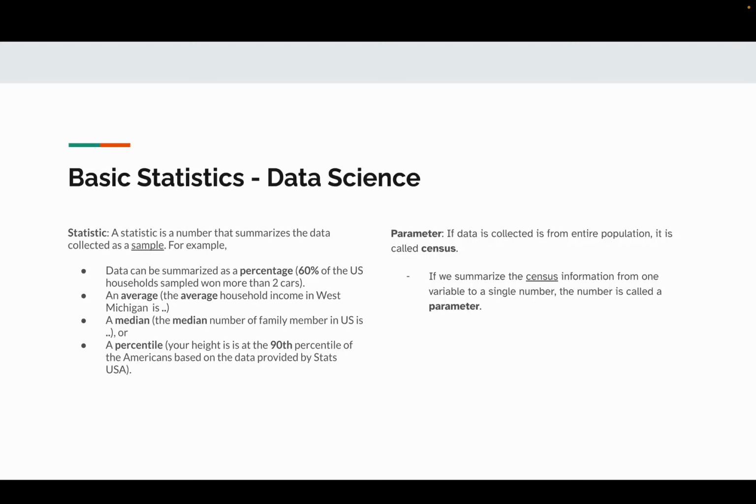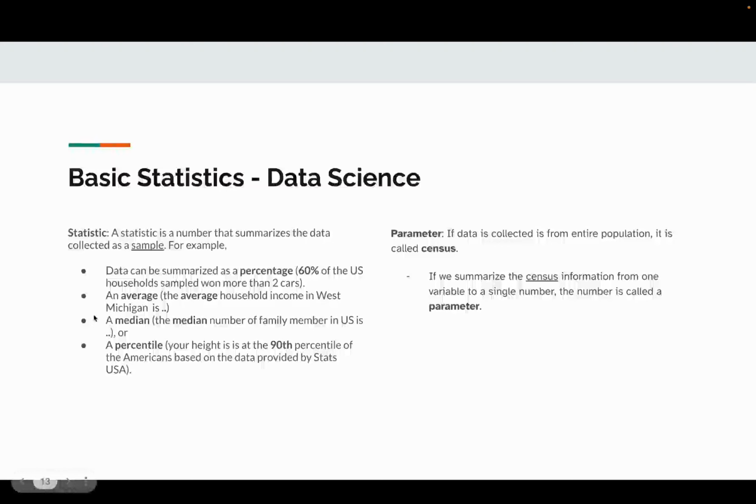When we summarize the sample with certain numbers, then that number is called a statistic, and a parameter is when we do the same for the entire population, or close to the entirety of the population.